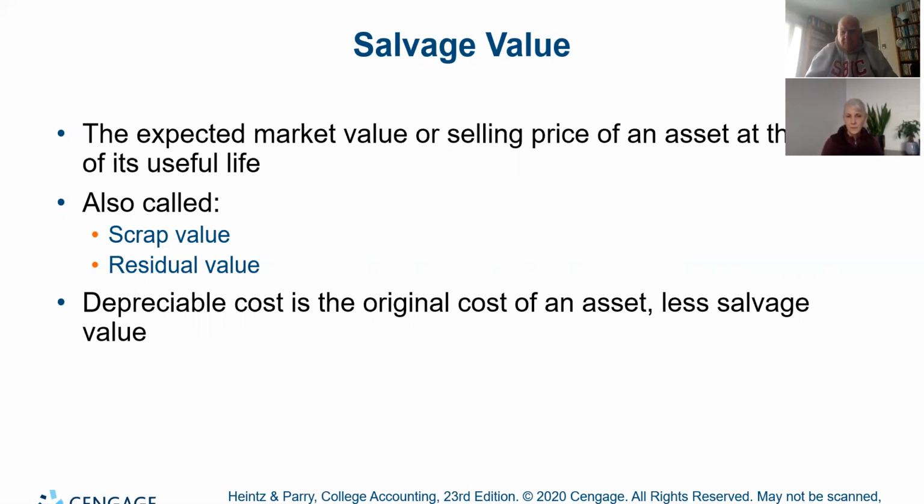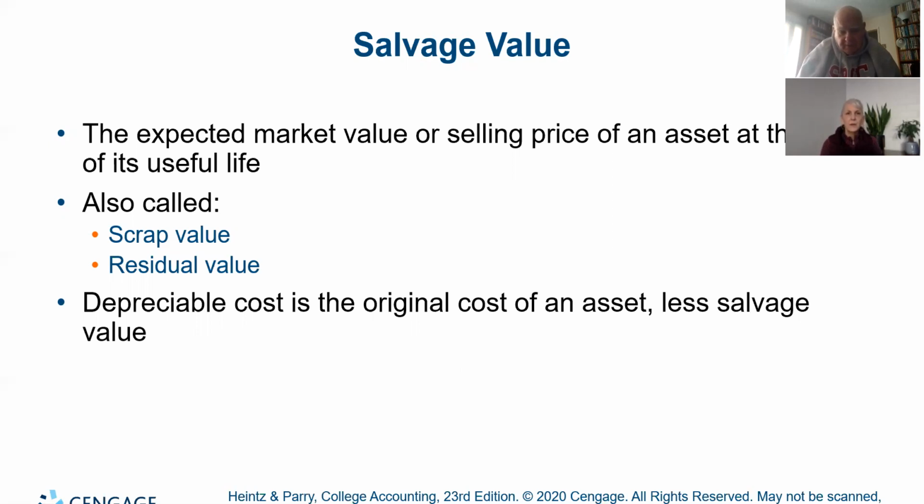Okay. But the important thing to remember with salvage value as well, Lori, is you don't depreciate that part of the asset. So if you bought a machine for $12,000 and you're going to depreciate over 10 years and the salvage value was, say, $2,000, you would have to subtract the 2 from the 12, and the 10,000 is called the depreciable base, the depreciable amount.